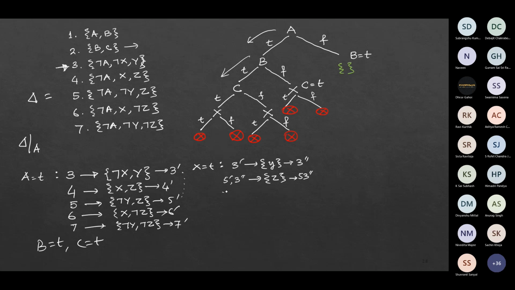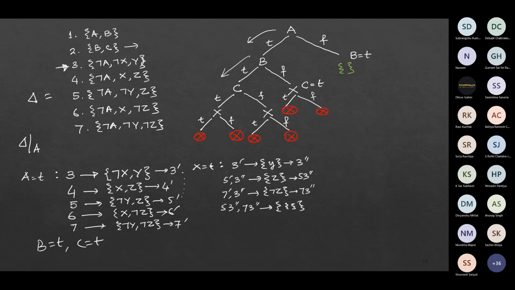And then we combine 7 prime with 3 double prime, and what we'll get is the negation of Z. Let us name this 7 3 double prime. And if we combine this 5 3 double prime and 7 3 double prime, we get a contradiction.